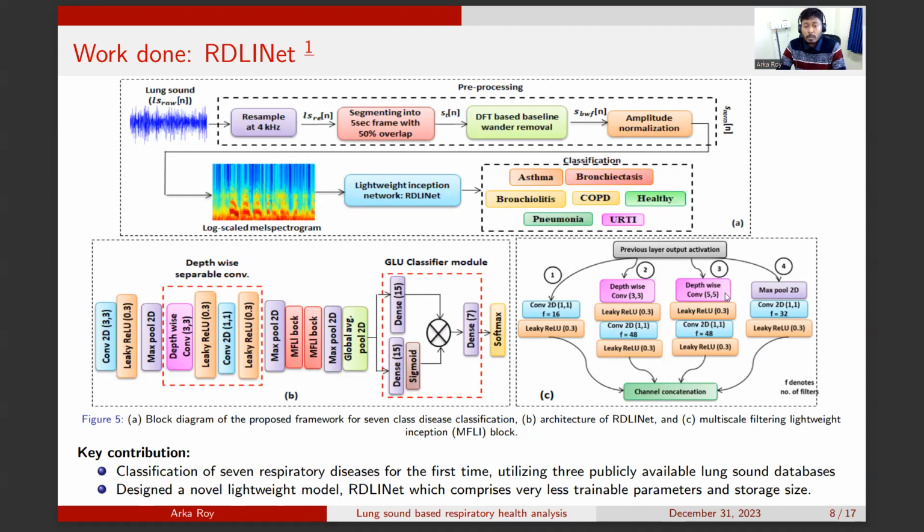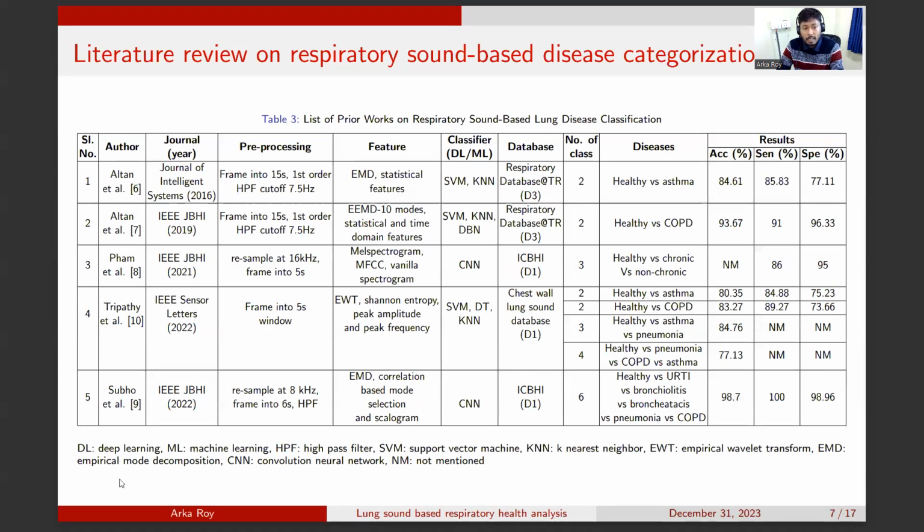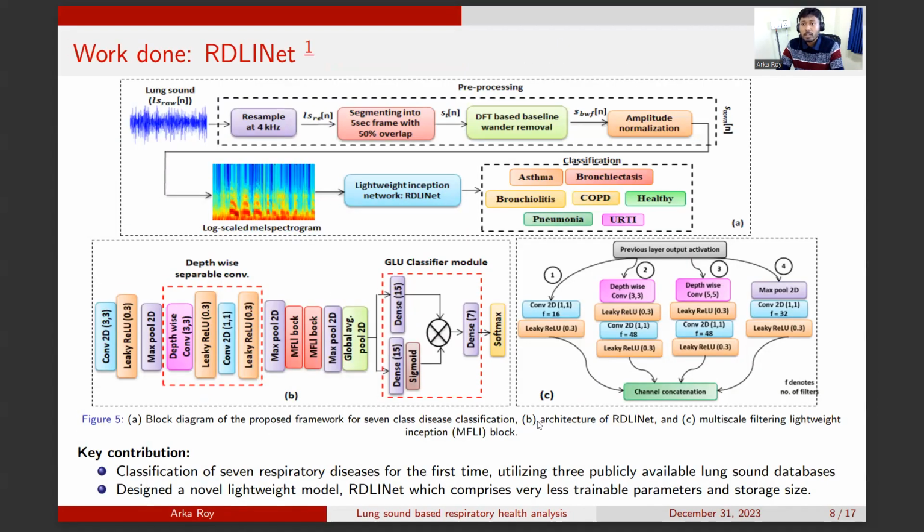On top of that, one of the major novel things is that the model is very lightweight, and we have incorporated all 3 databases. Over here, we can see that every work basically focuses on a single data set to accomplish their work. However, we have considered all 3 public databases to carry out this classification task.